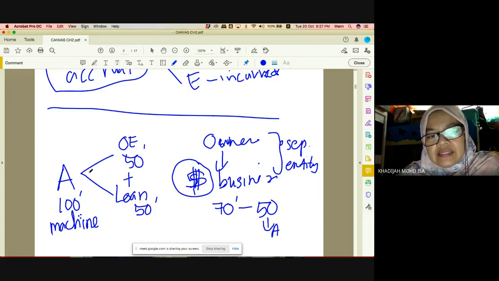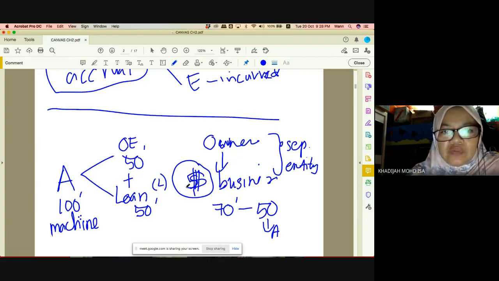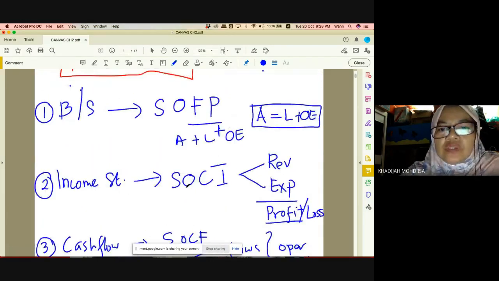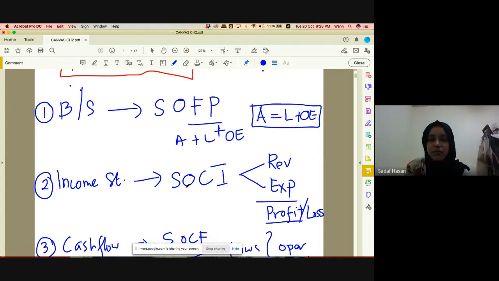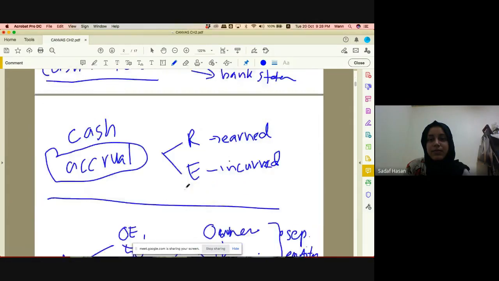Asset is financed by your owner's equity and also financed by your liability. The loan goes under liability. So asset equals L plus OE. In order to have an asset of 100,000, you take up a loan, a liability of 50,000, and you take 50,000 from your OE. You get that? Yes. Okay.